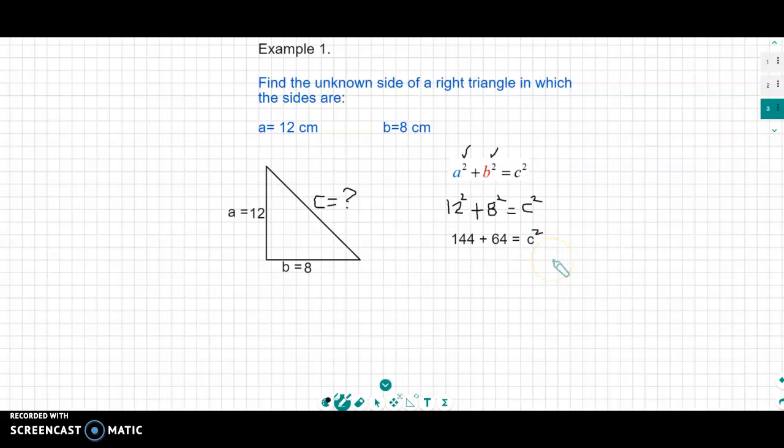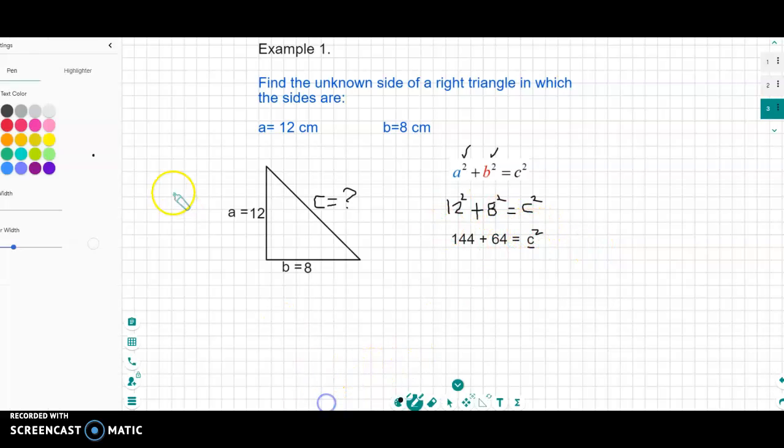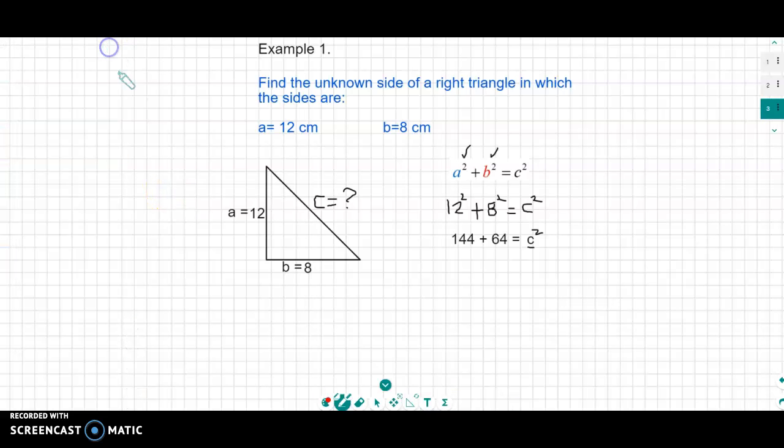This is the value that we are going to find, the side C squared. But here we have a problem, guys. We have an exponent on the variable, but we don't want to find the exponent. We need to find the value of C, not of C squared. And now here we have the way to use the square root. To cancel this exponent 2, we can use the square root. So we are going to apply the square root to both sides of the equation.